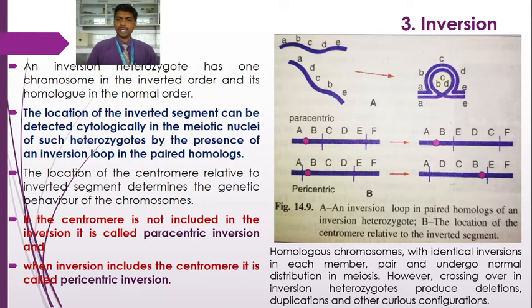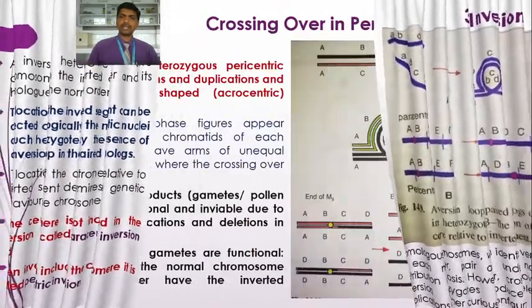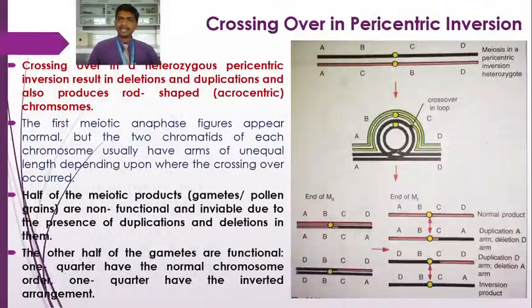So one by one we are going to study these crossover configurations in the inversion heterozygote, both paracentric and pericentric. The first case is crossing over in pericentric inversion.